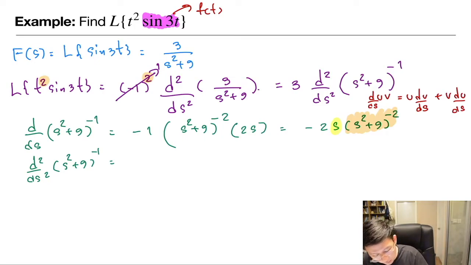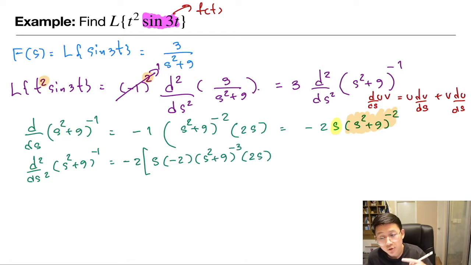So here we would have minus 2 times u, which is s, times dv, which is minus 2 times s squared plus 9 to the power of minus 3, and by the chain rule you get 2s. Then plus v, which is s squared plus 9 to the power of minus 2, times du, the derivative of s, which is 1.